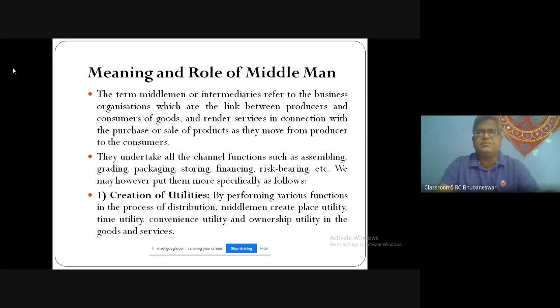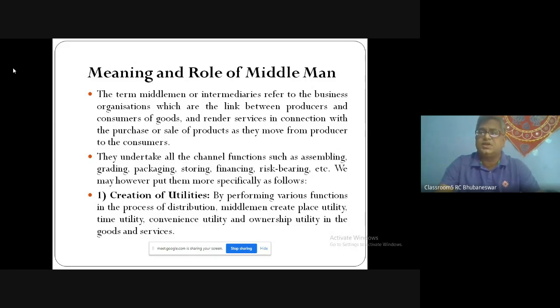That type of middleman has different functions. They can assemble, grade, package, store, finance and bear the risk of the product. So the middleman has a greater role.